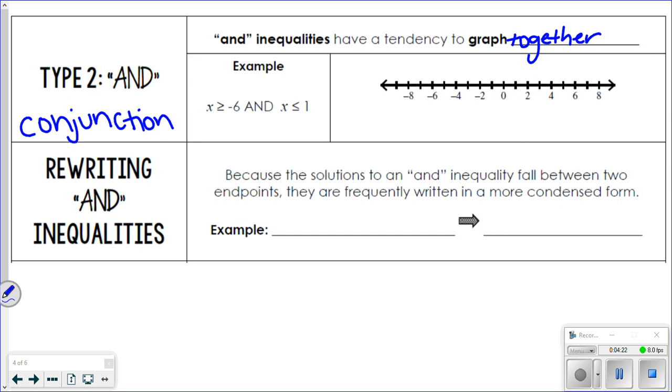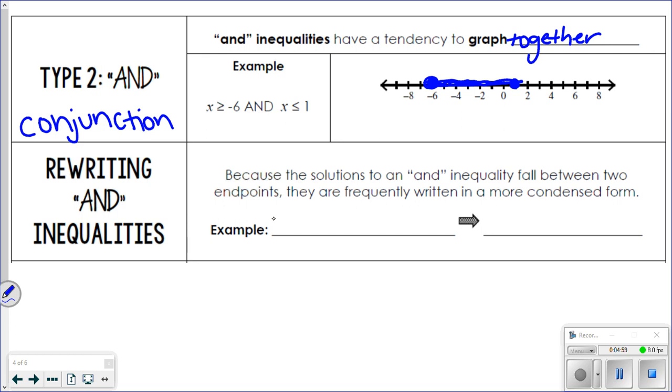So if we're looking at our first example, we have x is greater than or equal to -6. So closed circle at -6. Greater than, we would shade to the right. And x is less than or equal to 1, so closed circle at 1. Less than, we shade to the left, so these shade to connect in the middle together. Conjunction is connected.